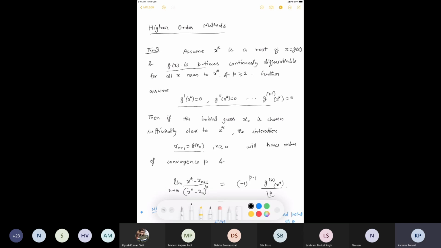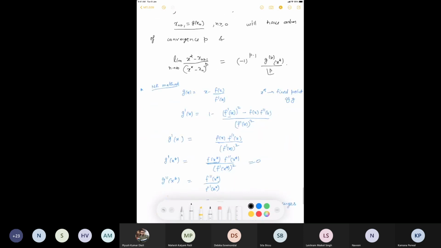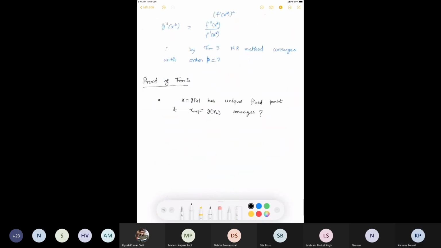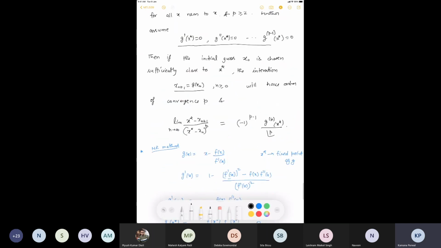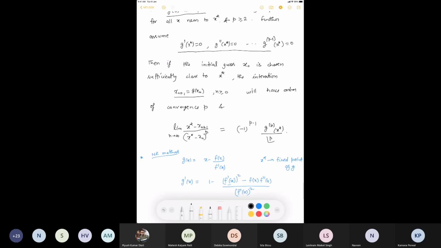Then, using theorem 2, we can make sure that we will have an iterative sequence which will converge, right? And of course, you can make sure of the existence and uniqueness of the fixed point. Okay, so what we have to answer is the question about the convergence being of order P. So we will try to observe this relation.